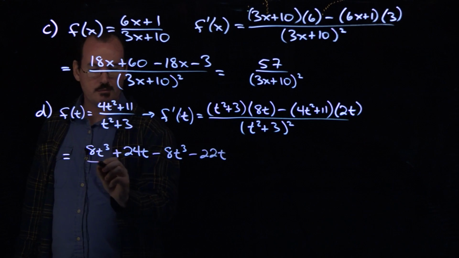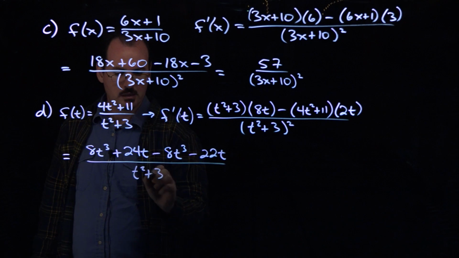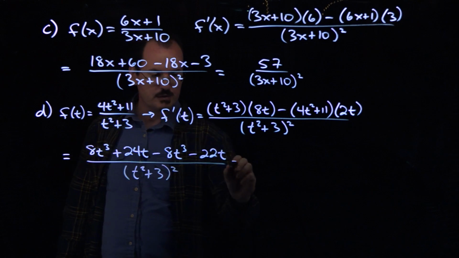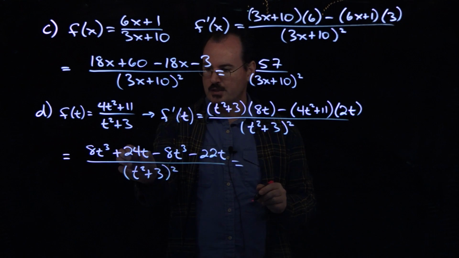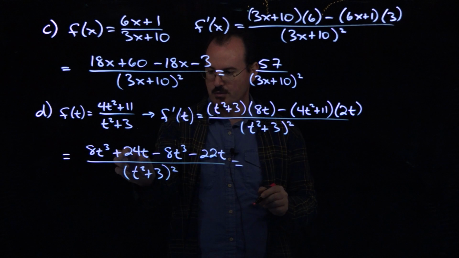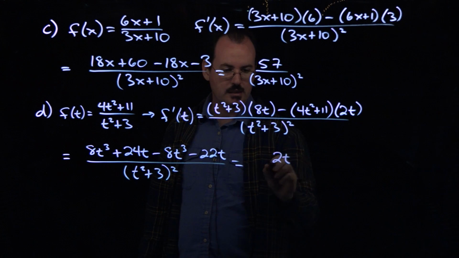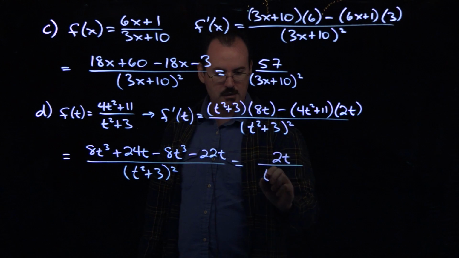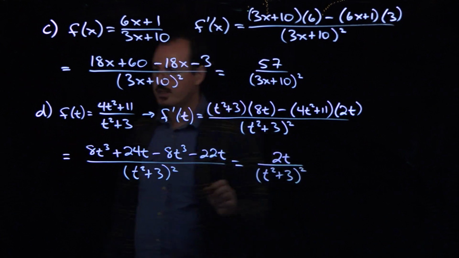And then we divide this by t squared plus 3 squared. Simplify this and we'll notice that the t cubed terms are going to cancel. Plus 24t minus 22t, it's 2t. And then t squared plus 3 squared. So there's our simplified answer.